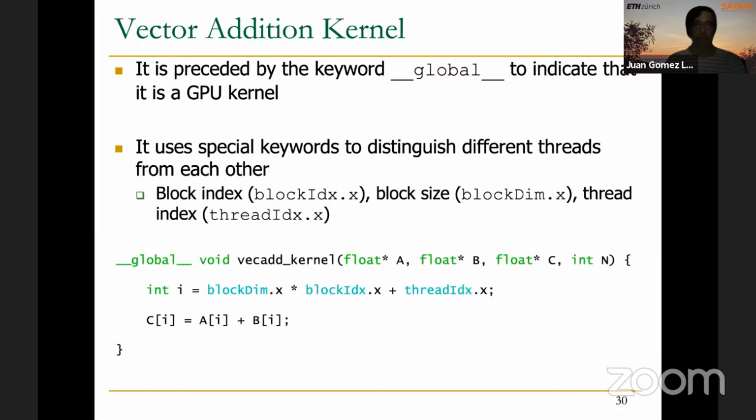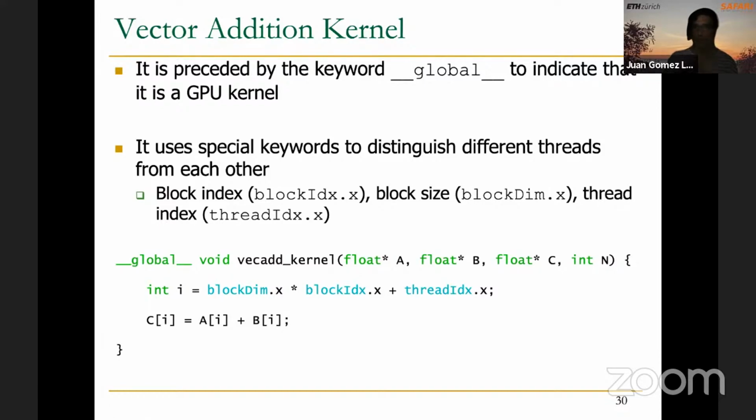So recall that in a CPU, we execute this using a for loop, and we repeat the computation many times, each of the iterations, to go over the whole content of vectors A, B, and C. Here we replace the for loop with the calculation of this index, and this i is kind of a global index for all the threads that we are using. Inside each block, we have a number of threads per block, which is represented by this blockDim.x inside the GPU kernel.